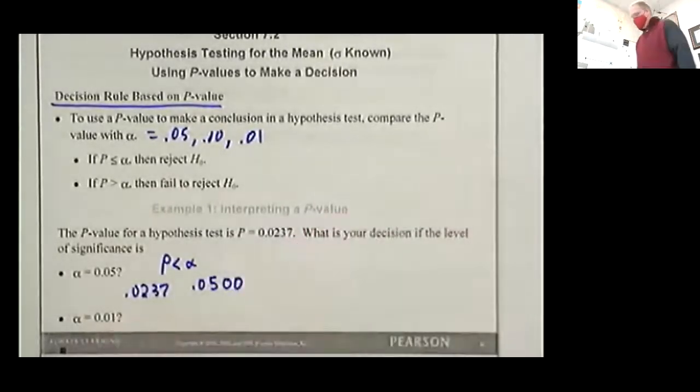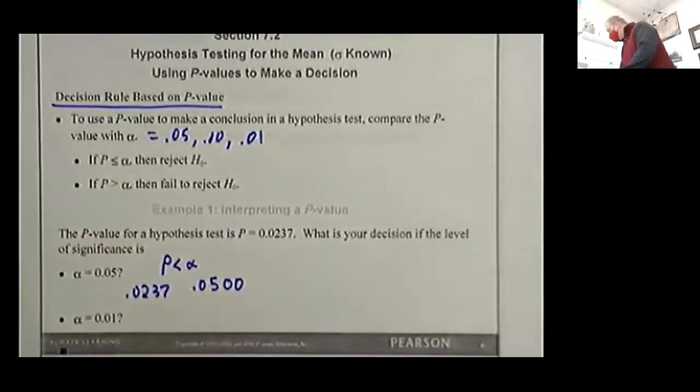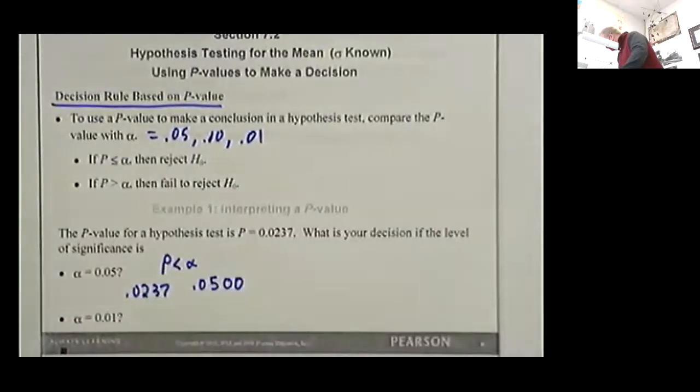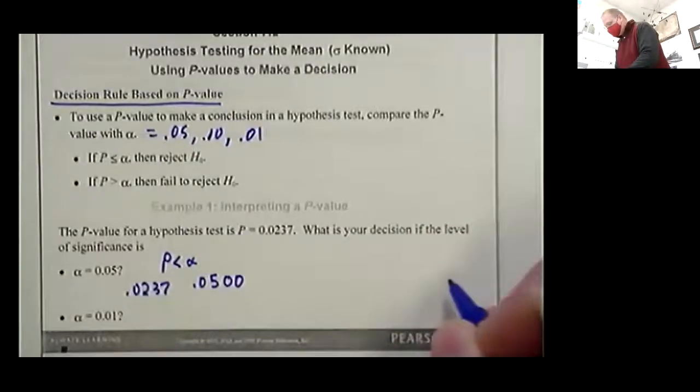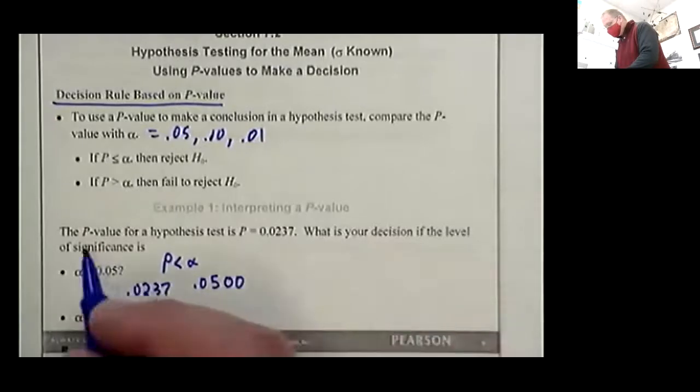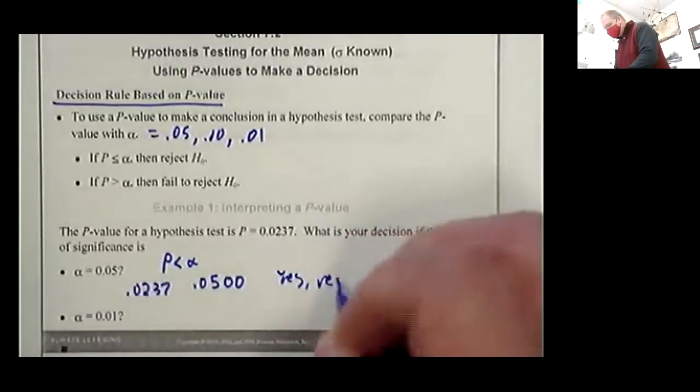So 0.02 is definitely smaller than 0.05. Because p is smaller than alpha, we reject the null hypothesis.